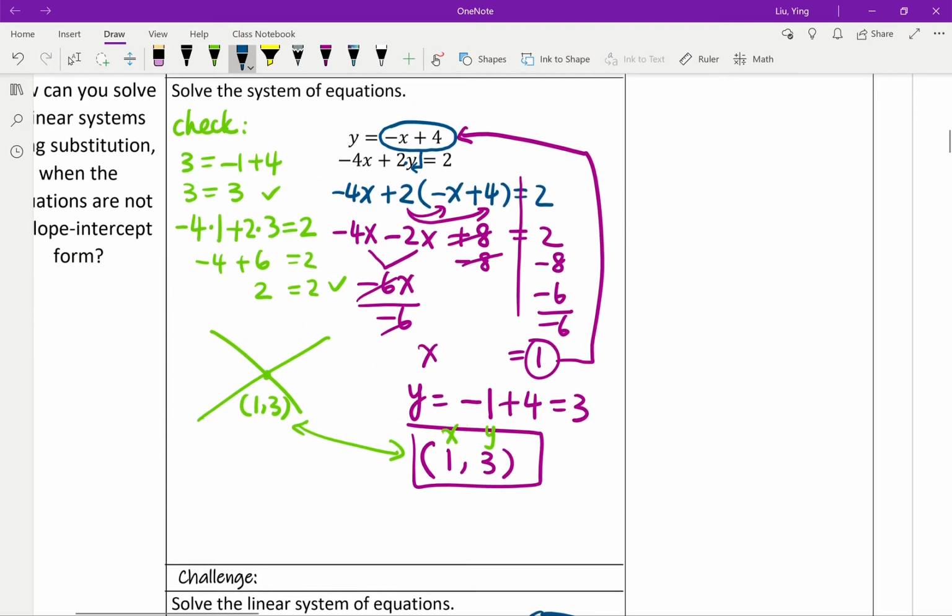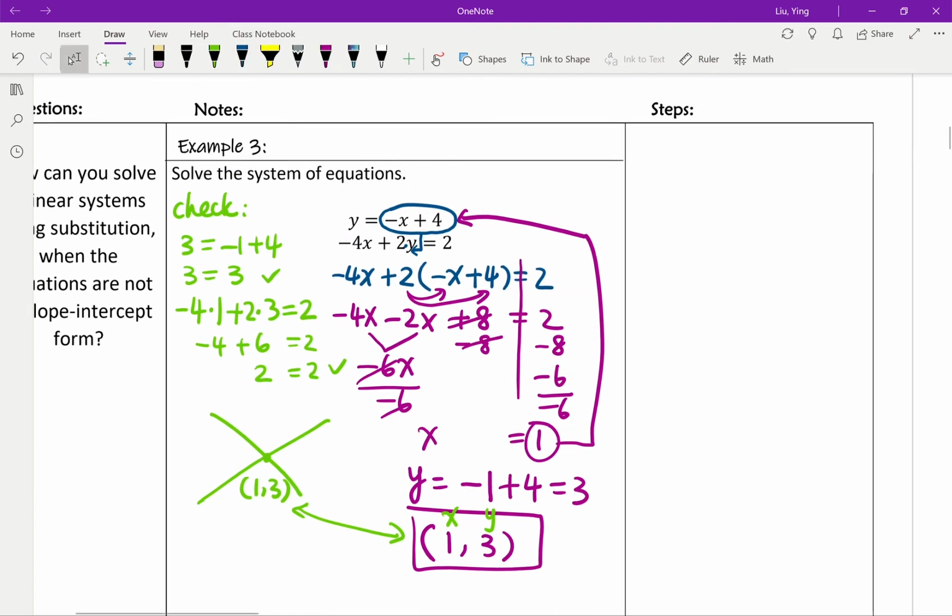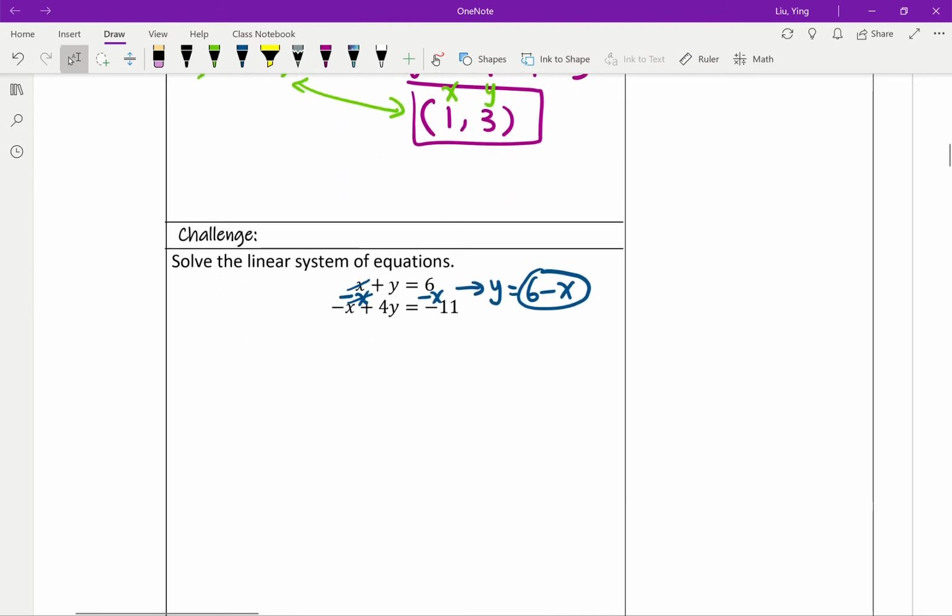So now this looks like the example we just did, because now you can plug this y into the other equation. So now we'll have negative x plus 4 times y, which is now 6 minus x, equals negative 11.